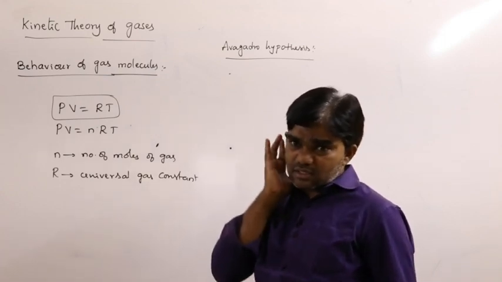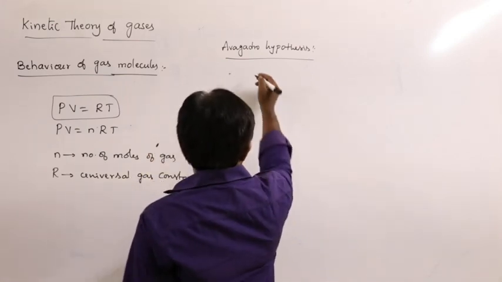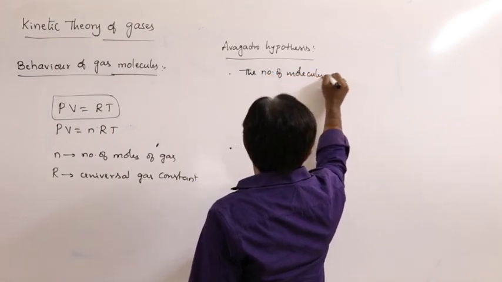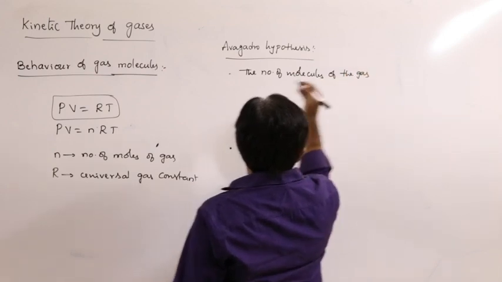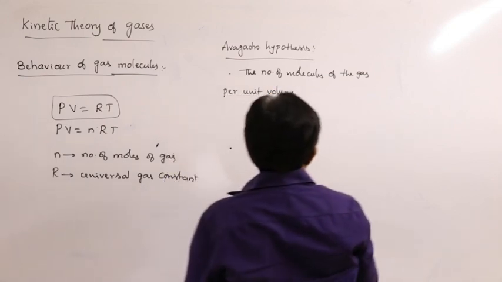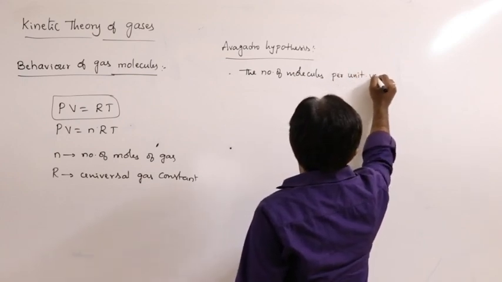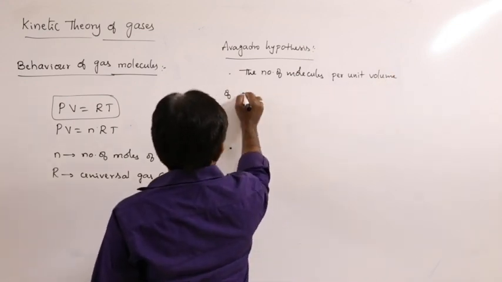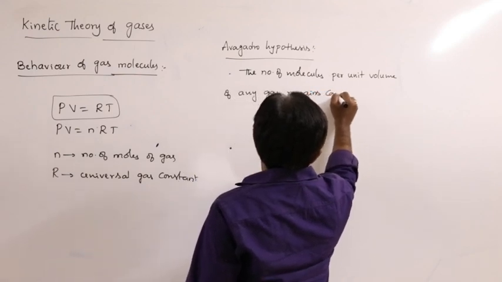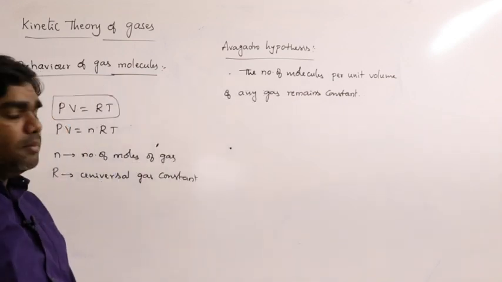Avogadro's assumption is that the number of molecules per unit volume of any gas remains constant.